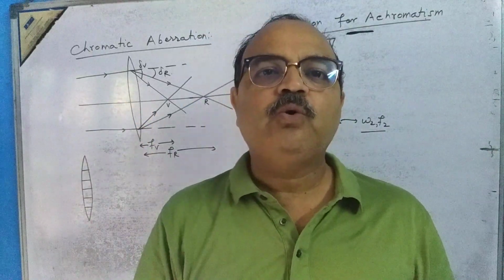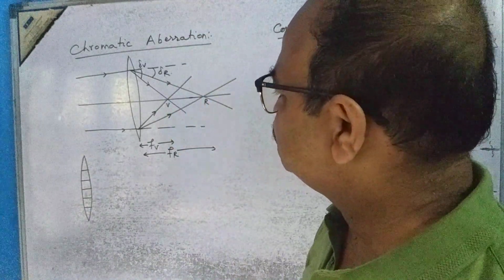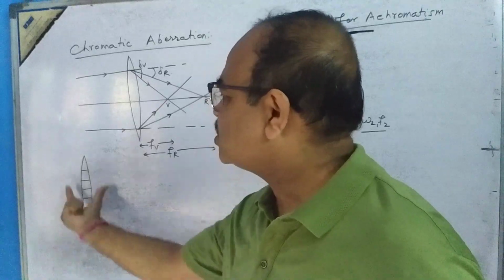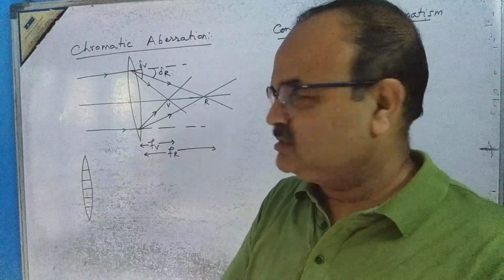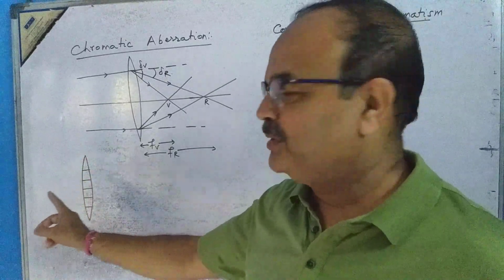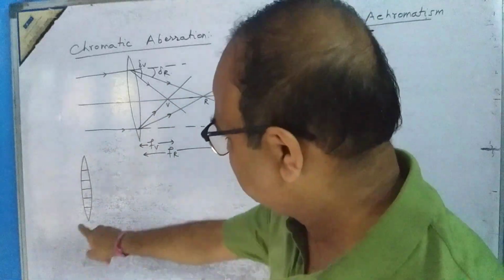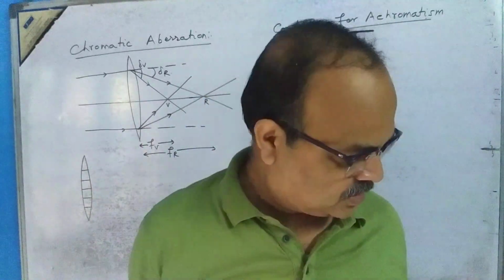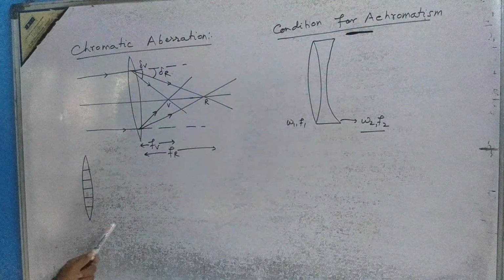Now, first of all, what is chromatic aberration? Actually, chromatic aberration is due to the prismatic action of a thin lens. A thin lens is supposed to be made up of a number of thin prisms. See this figure.